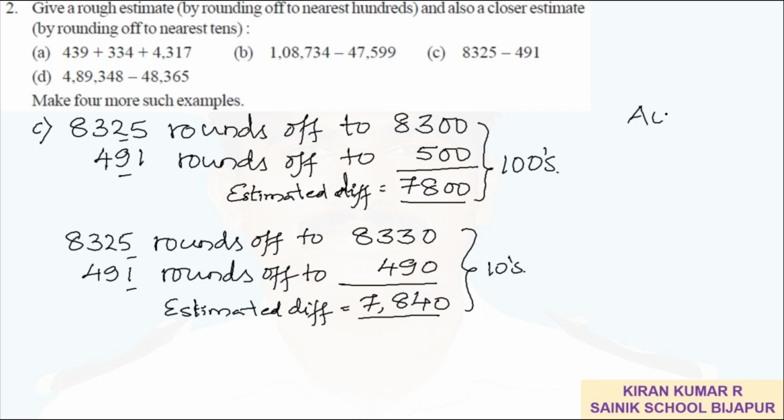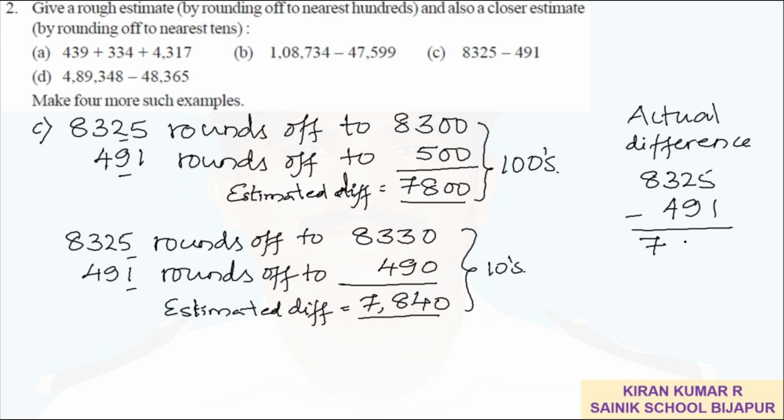Let me find out the actual difference. The actual difference is 8,325 minus 491. Let's subtract. The difference will become 7,834. Look at these numbers.